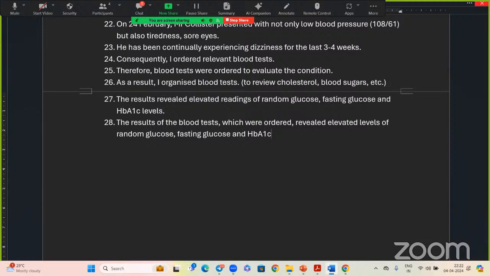Finished. These two sentences, 26 and 27, are combined and you are writing like this.